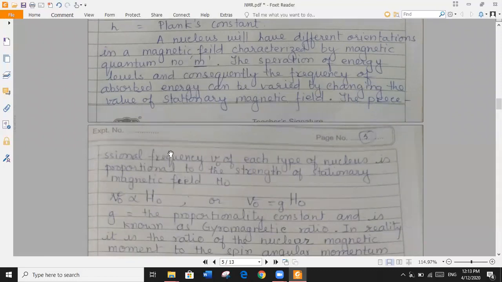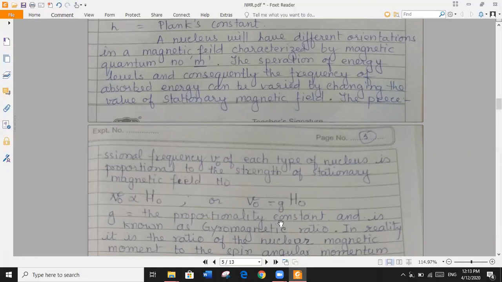The precessional frequency V0 of each type of nucleus is proportional to the strength of stationary magnetic field H0. So this frequency will be directly proportional to the magnetic field strength, or V0 is equal to GH0.